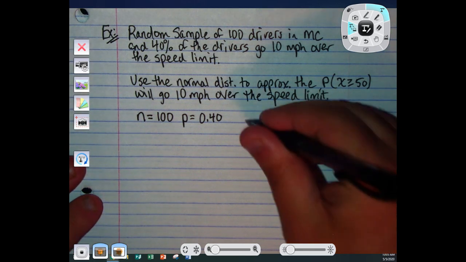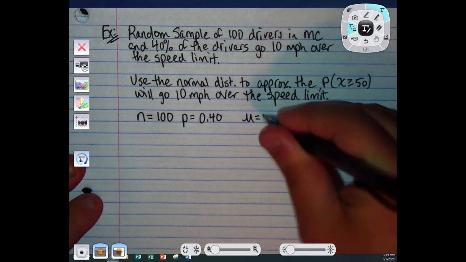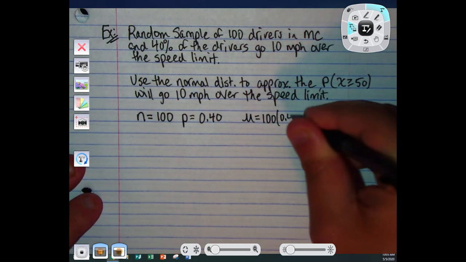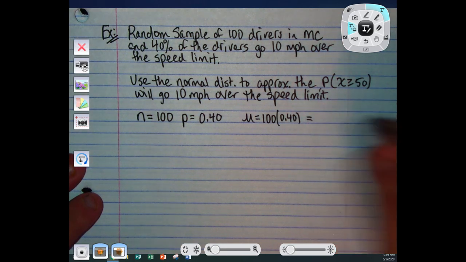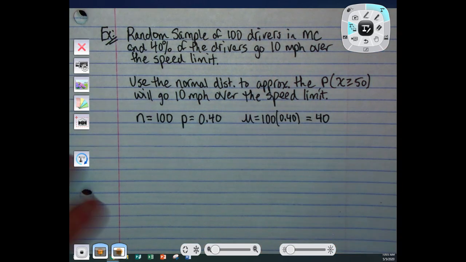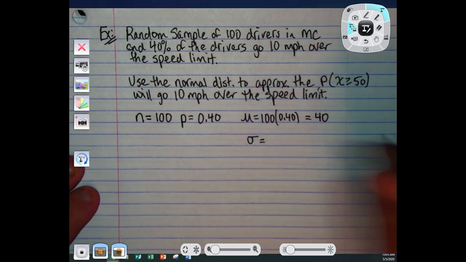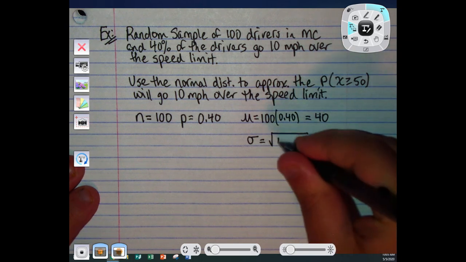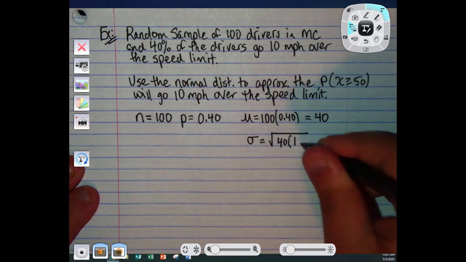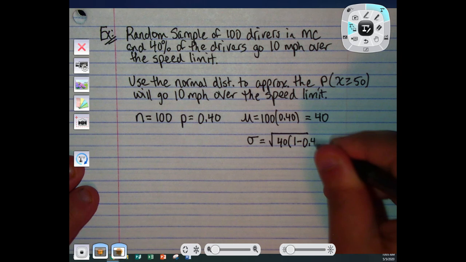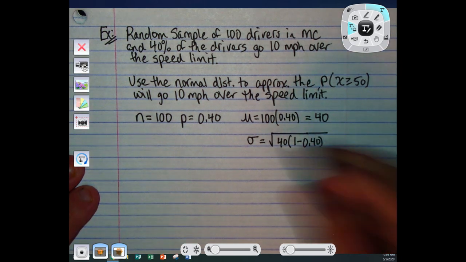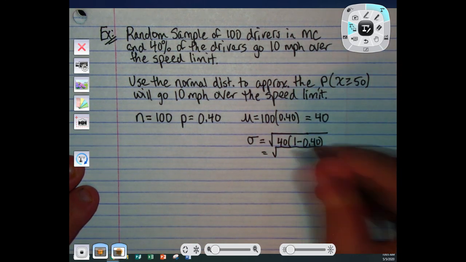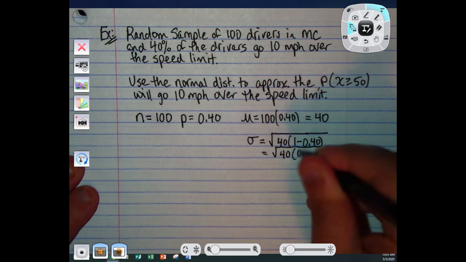So we calculate mu. Mu is equal to 100 times 0.4, which is 40. And we know that sigma is equal to the square root of 40 times 1 minus 0.4, so that'd be 40 times 0.6.